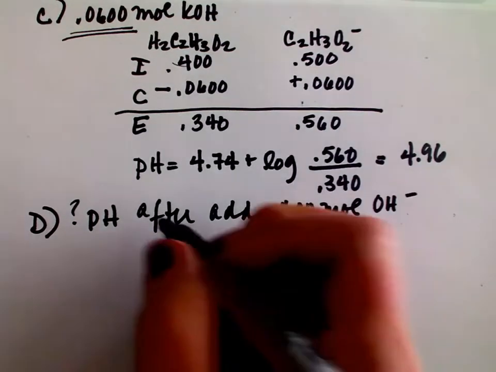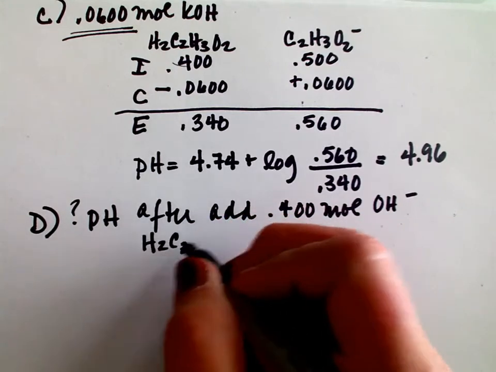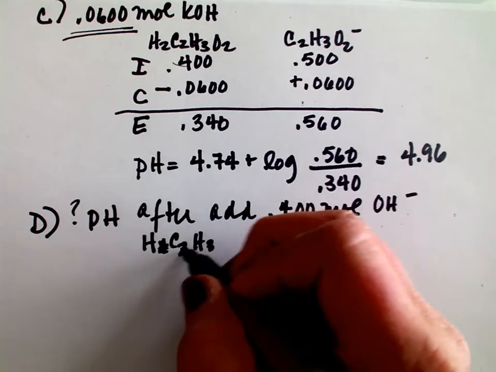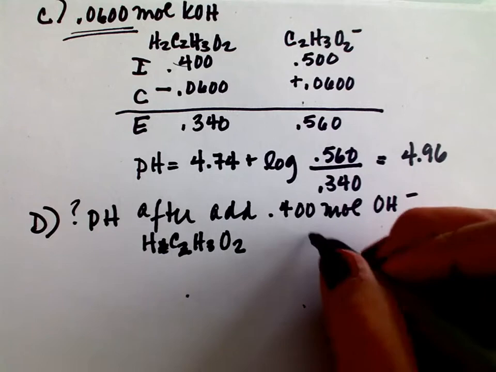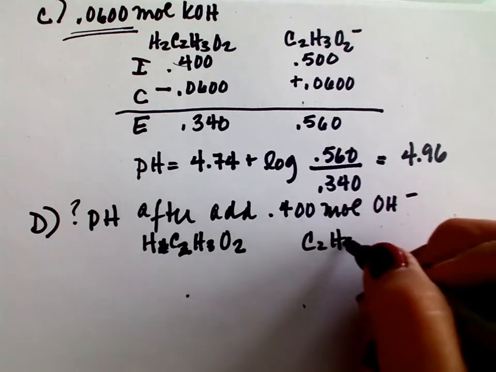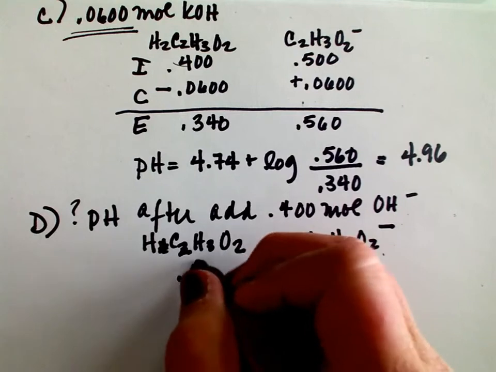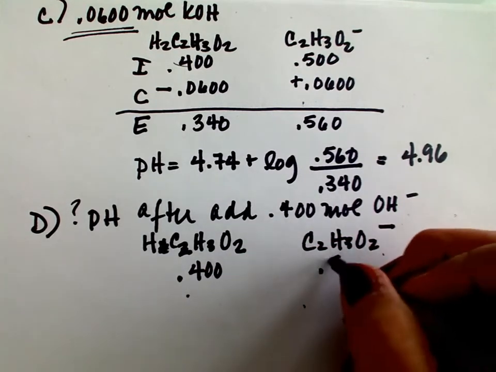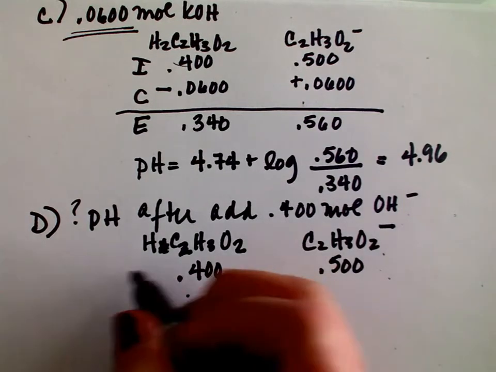So we'll look at our ice table again. And we have 0.400 molar weak acid, 0.500 molar conjugate base.